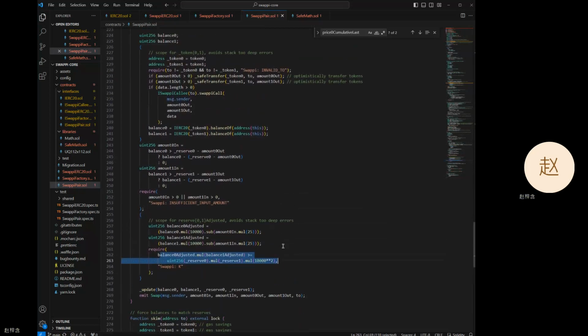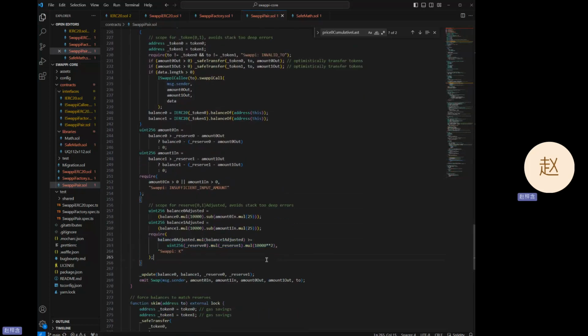The Swappi router will check the K before and after you swap. So if you swap, the K should keep the same or be greater than the original one, because we deduct some trading fee.